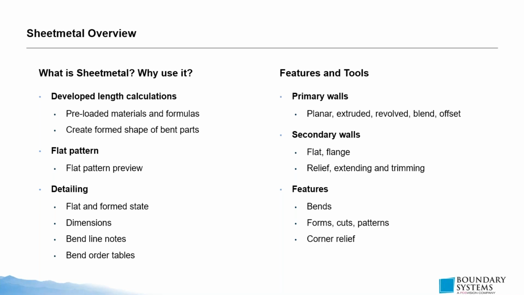Bend order tables is a very important one. Oftentimes, your sheet metal part will have to be created in a certain sequence. As I said, if you're starting with one big sheet of metal to create a very complex part, oftentimes the bends will follow a sequential order, and this can all be conveyed in your detailing using these various tools such as bend order tables.